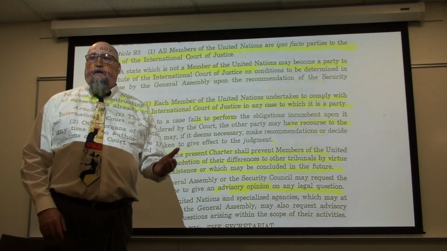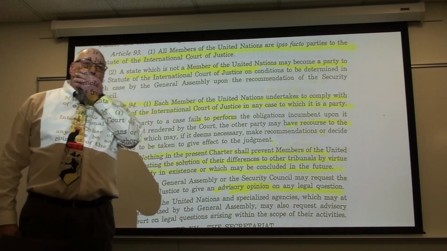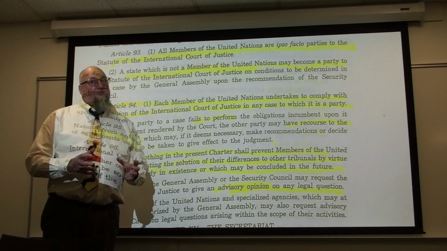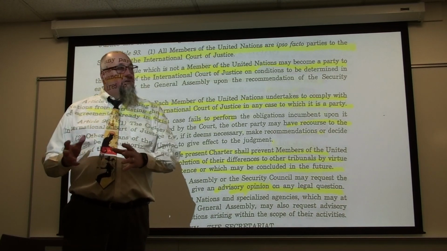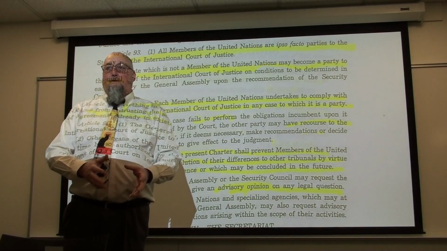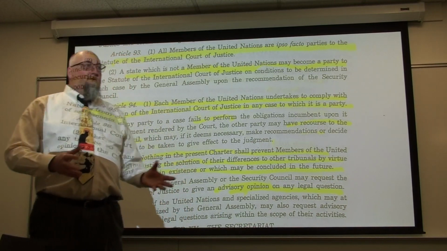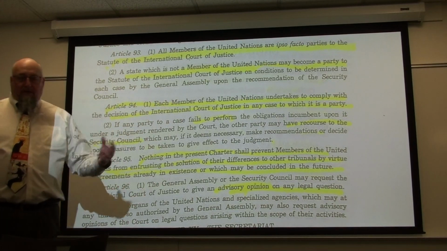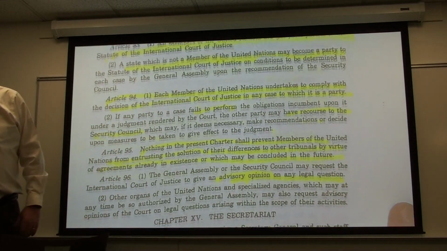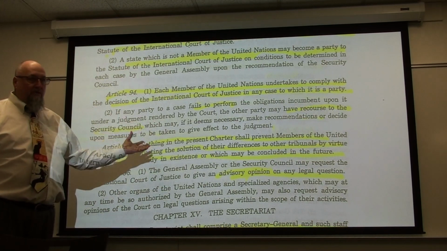In this case, you are agreeing that you must comply with the court's decision. Now, again, you're a sovereign state. You now have a court, 15 justices telling a state what to do. Does it always follow through in the real world? Not necessarily, but on paper, that is one of the obligations of being a member of the UN, to carry out the decisions of the court when you're a party to the dispute.